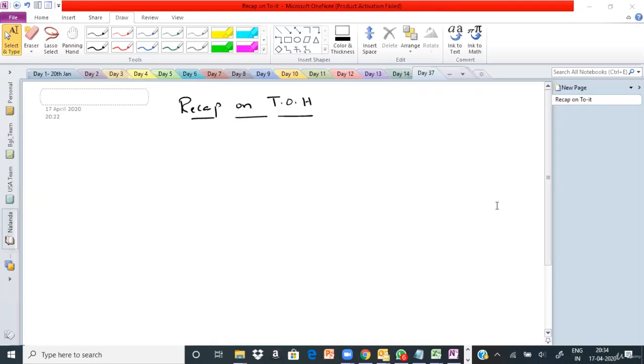So yesterday we were talking about the test of hypothesis, right? So let me show you how this works. There are two methods when it comes to decision making.